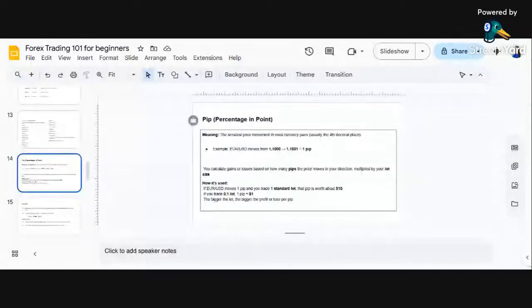So with 0.1 lot size, if the market moves 1 pip, you make $1, and if the market goes against you, you will lose $1. And with 0.01 lot size, if the market moves in your favor, you get $0.10. But the higher you are risking, the higher your lot size, the more money you will make or lose.